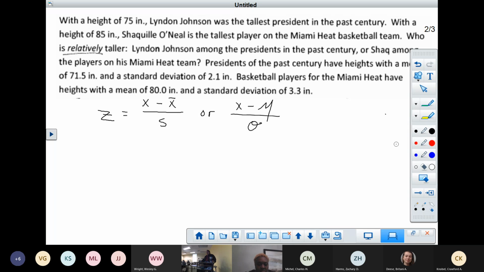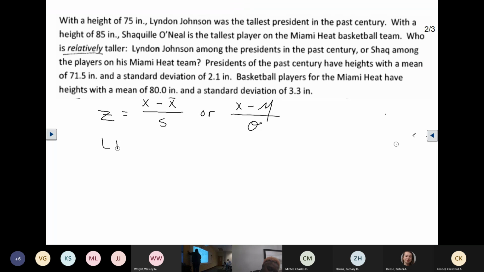All right, so let's write down our information. This is what you need to do when you do a Z-score problem. You need to write down your information and plug and chug. So for LBJ, and this is so aggravating, trying to write on this thing, I'm trying to find X, which is equal to 75.